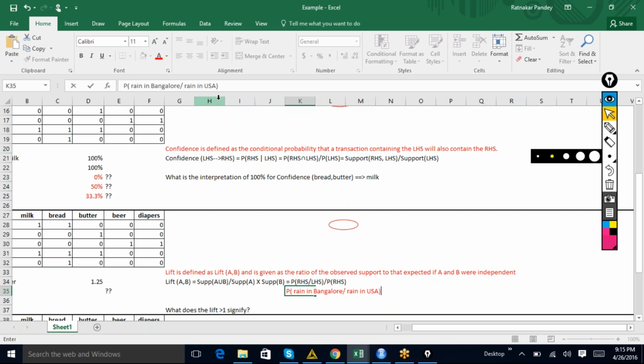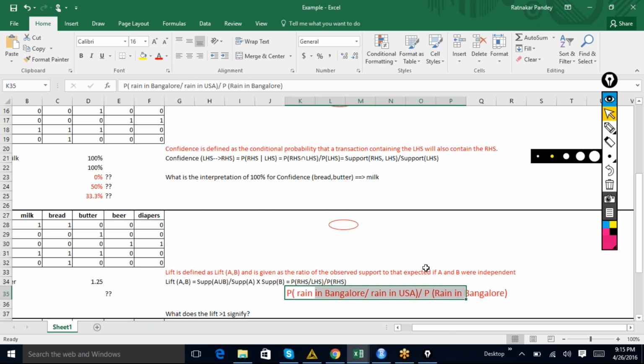So this is basically what your numerator becomes. And then you're looking at the probability of rain in Bangalore, right? My point here is that unless there is some severe weather pattern which is impacting everybody across the world, whether or not it has rained in the US has nothing to do with whether it's going to rain in Bangalore or not, right?